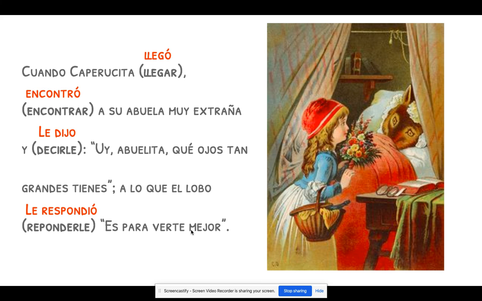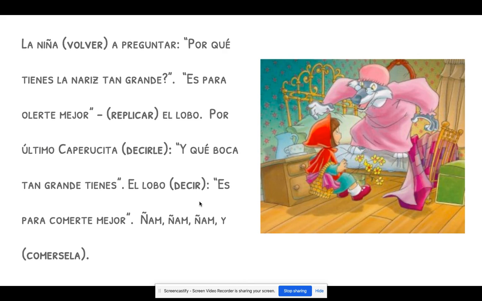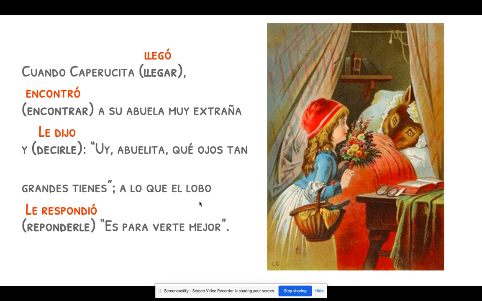Bueno, let's talk about this in English here. Again, we have 4 verbs that all ended up in the preterite. Oops, my screen shifted. 4 verbs that ended up in the preterite. Why did that happen? Because we have another 4 actions that happen in sequence. We're at the part of the story where we're starting to get away from the description and more into the action, right? If it's all description all the time, we'll never find out what happens.